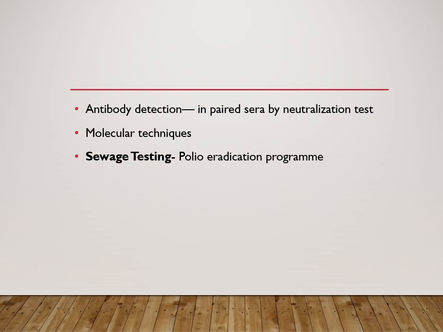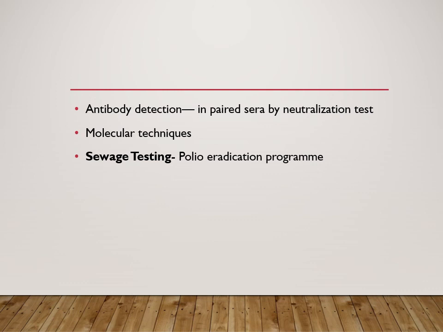Then sewage testing. Sewage testing is not for diagnosis of any person. This is mainly to know if this virus is circulating in our area or in our country. It is taken for testing the presence of virus, and this is mainly a surveillance program.